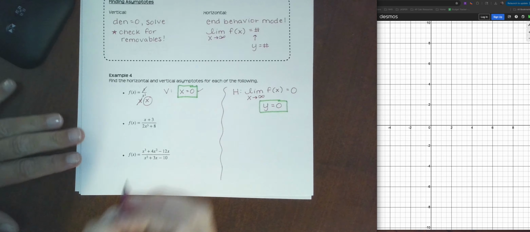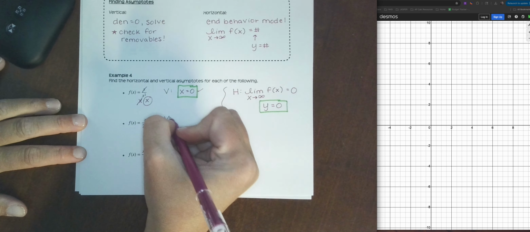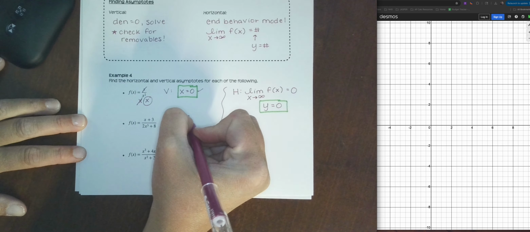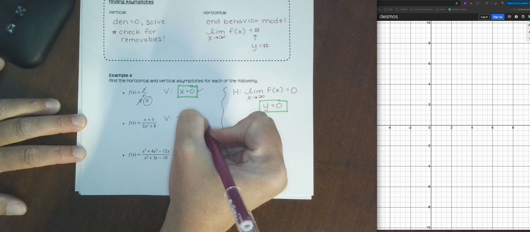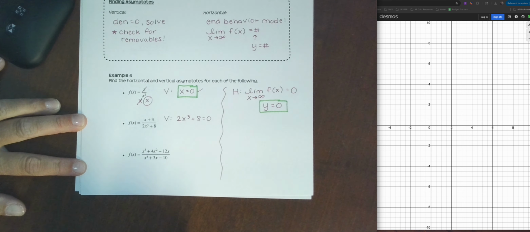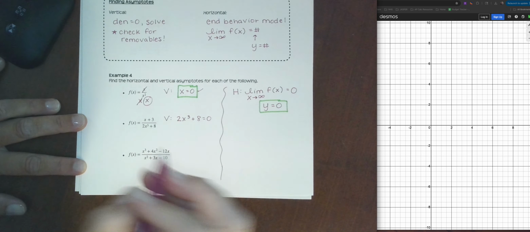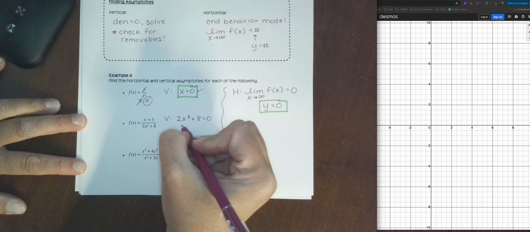Okay, so with the next one, for the vertical asymptotes, I would say, how do I make 2x cubed plus 8 equals 0? Well, I could probably factor, I can't really factor. I mean, nothing that's going to get me to cancel anything with x plus 3, but we'll check for removability here in a minute.